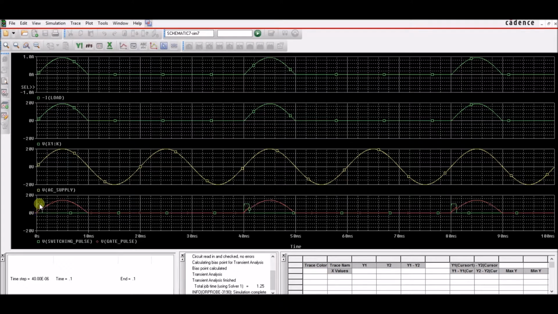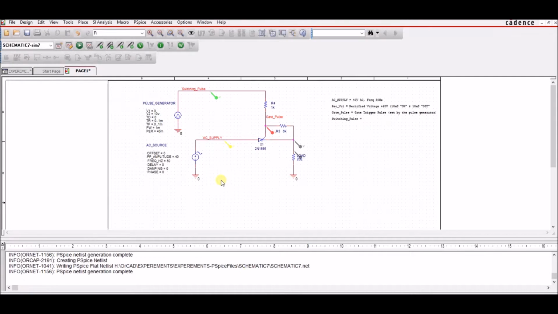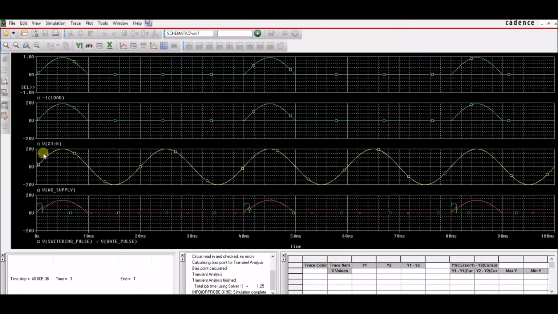Now when you trigger these pulses, what happens is, when the positive pulse comes here, this switches on. So you can look at this point. When pulse starts, triggers, switches on, then you get a 0 point at this point.